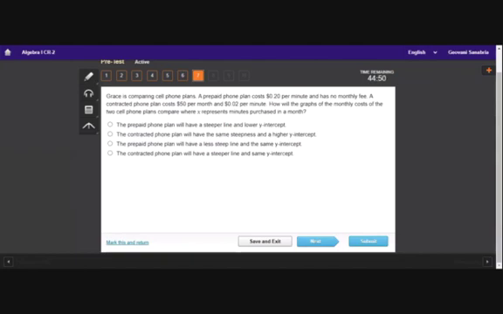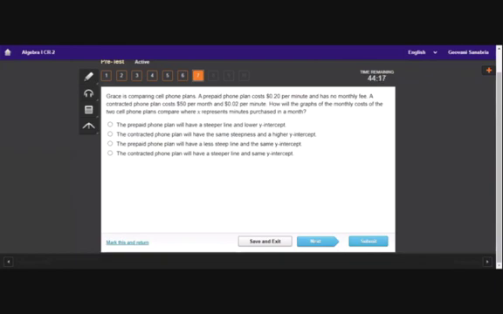So yeah, the prepaid has a steeper slope. Prepaid phone plan will have a steeper line and lower y-intercept. That one I think is true because 20 cents is a steeper slope, but no monthly fee means it starts out at 0 each month. So the y-intercept is low. So maybe that's it. Let's see the rest of them.